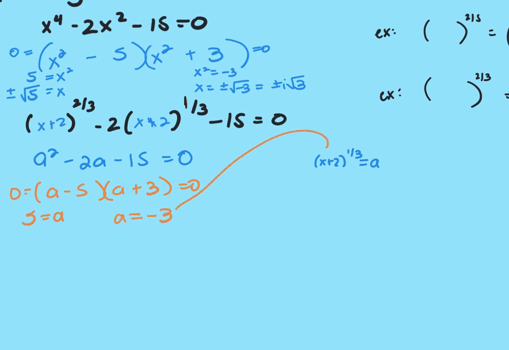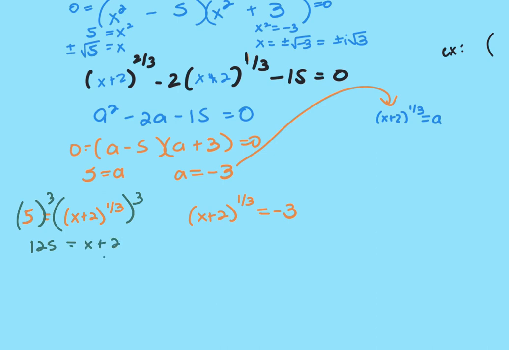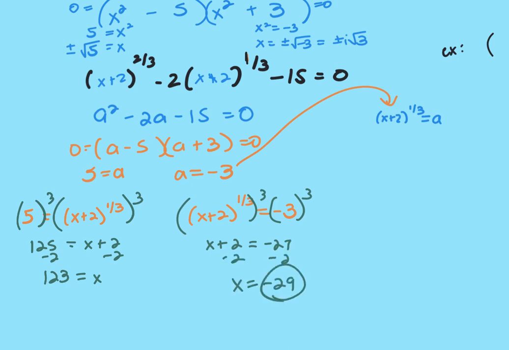And then we have to set them back equal to what we said a equaled. And I'd cube both sides. Cube both sides. And I get 2 answers.